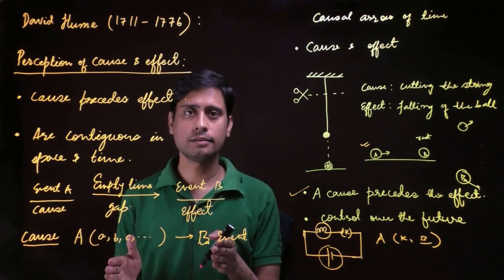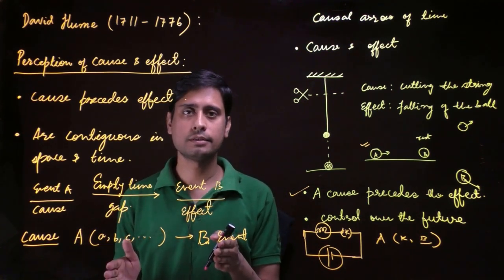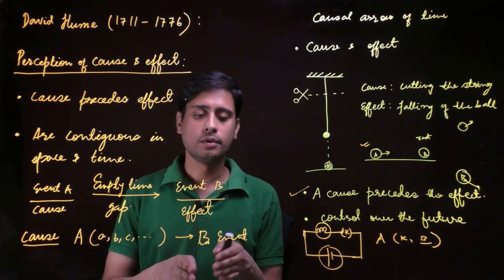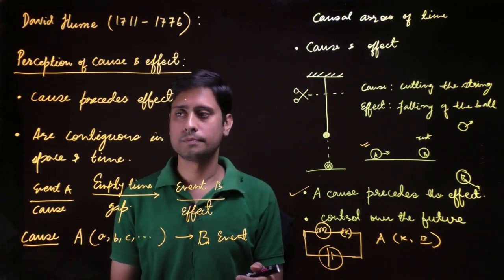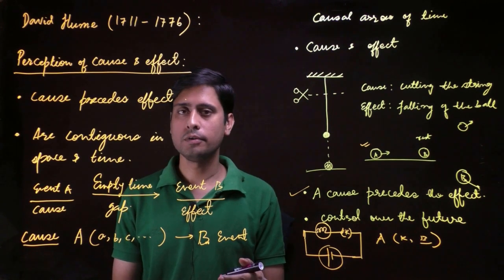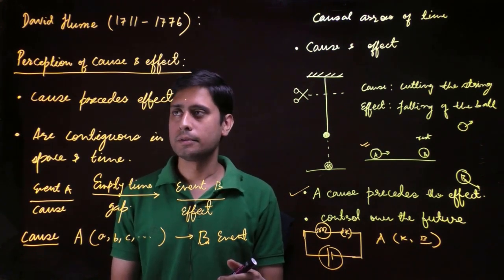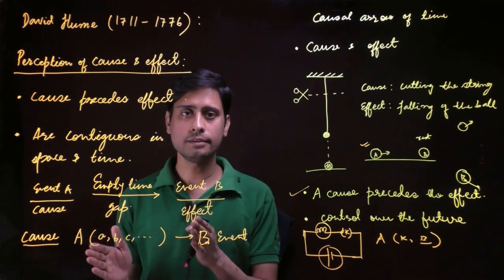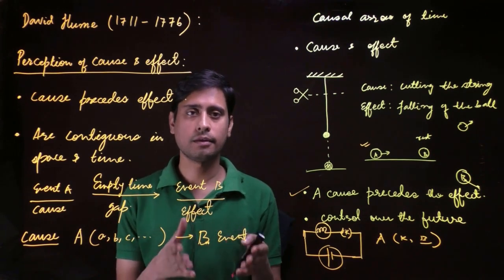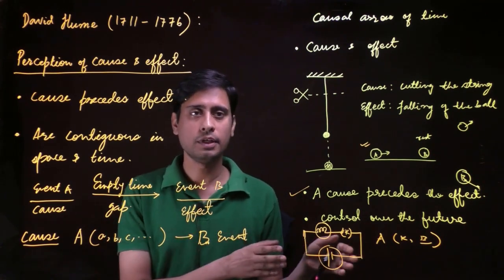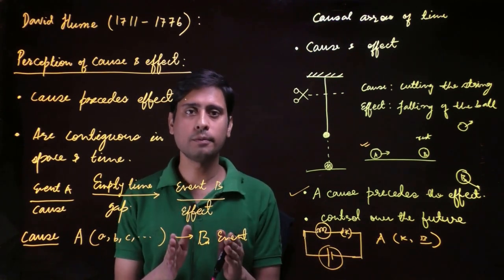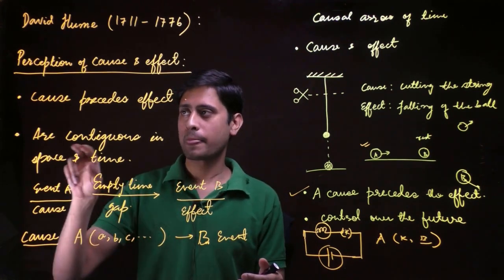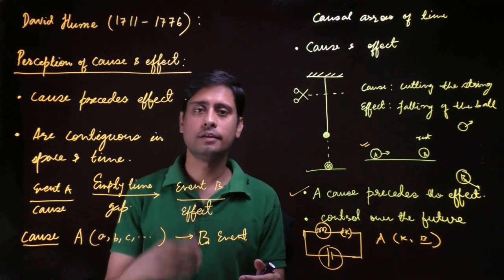The event A occurs or exists in its completeness by certain conditions, and as soon as the conditions are satisfied, the event B follows. So the main argument of Hume relies on the fact that the events are discrete in nature. So as A ends, after that there is some time gap, and then event B starts, and that time gap justifies the precedence of cause and effect.